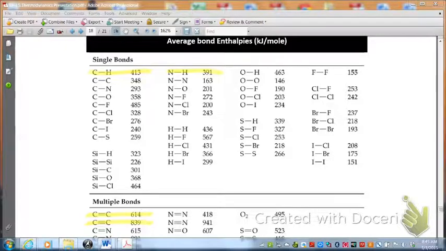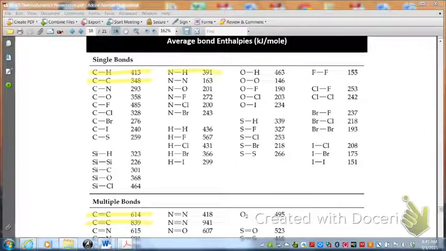Triple bonds are stable. They have very low potential energy, so it requires a lot more energy to break those triple bonds. Whereas double bonds are not as stable. They have higher amounts of potential energy, so it requires less energy to break them. And then if you look at the carbon-carbon single bond, it only requires 348 kilojoules of energy.